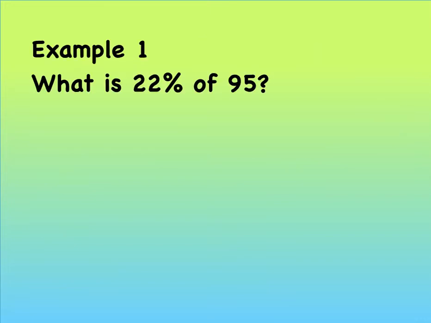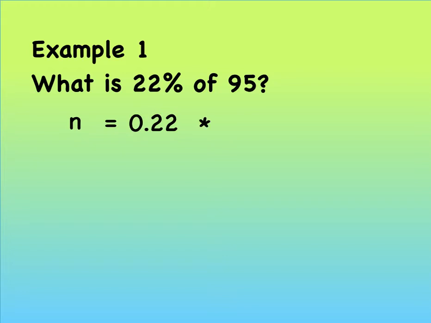Example 1. What is 22% of 95? Using of, is, and what, do you think you could set up an equation? What is our unknown? We'll be using n. "Is" is equal to. 22% we can write as a decimal.